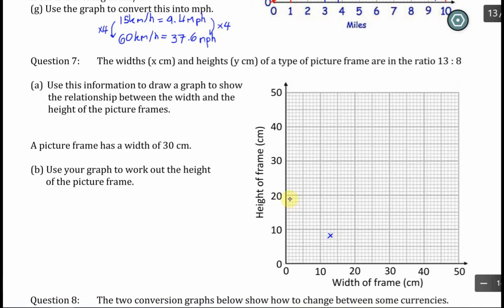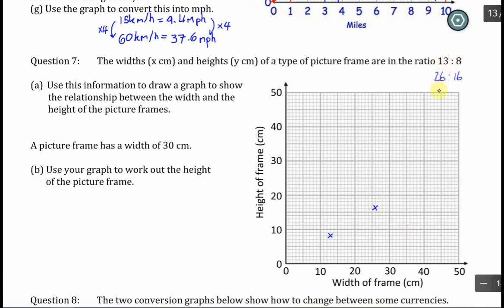And if I double that information, you get another bit. So something with a width of 26 would have a height of 16. Let's put that on. And I could even probably double, no, I can't quite double that last bit of information, but I can triple this first bit.